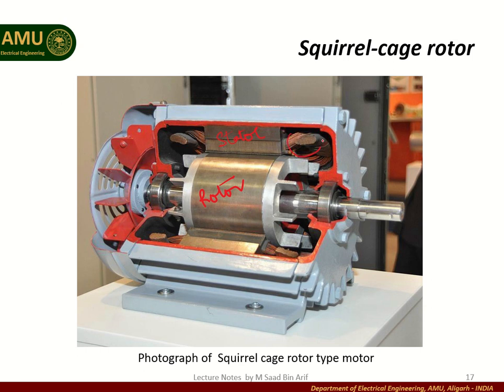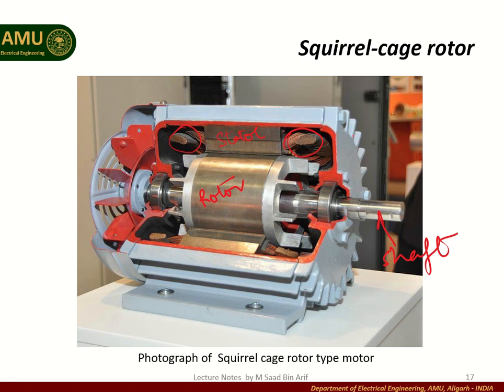These are the stator windings. Core and bars are fixed. You will not see any winding over here. The whole rotor is mounted on the shaft, and a bearing is attached to it so that it is free to rotate.